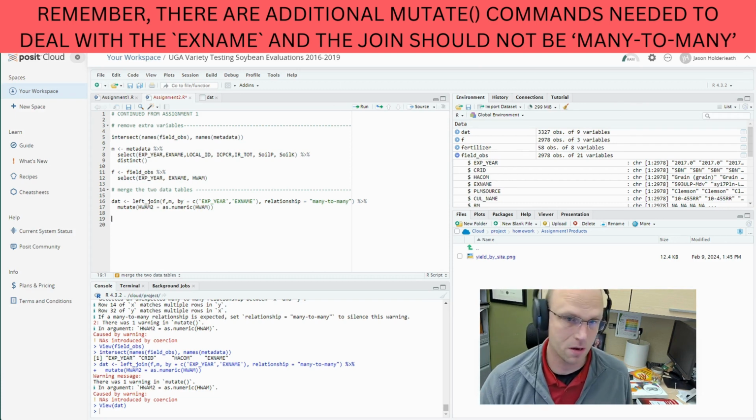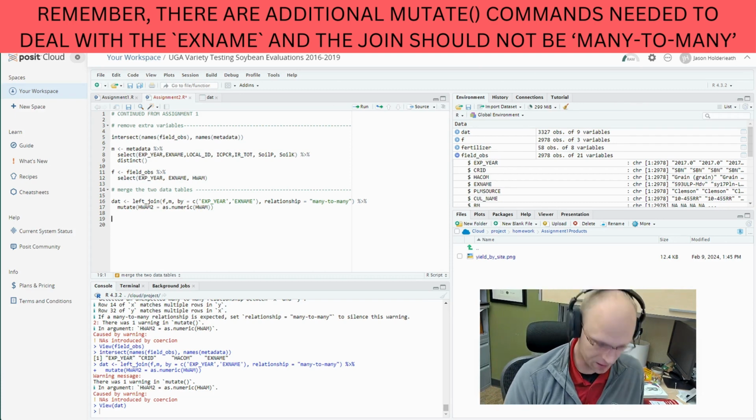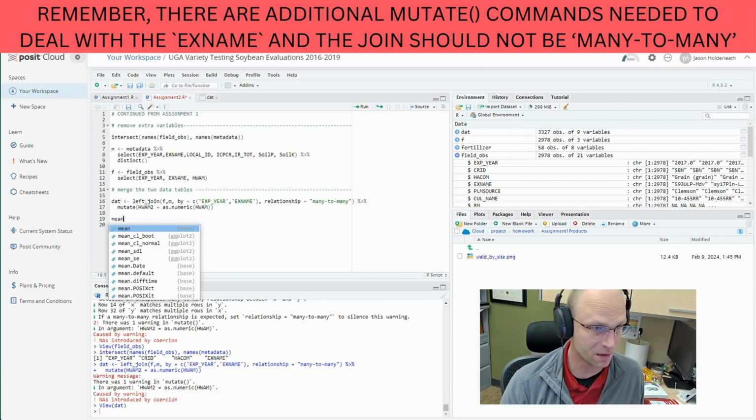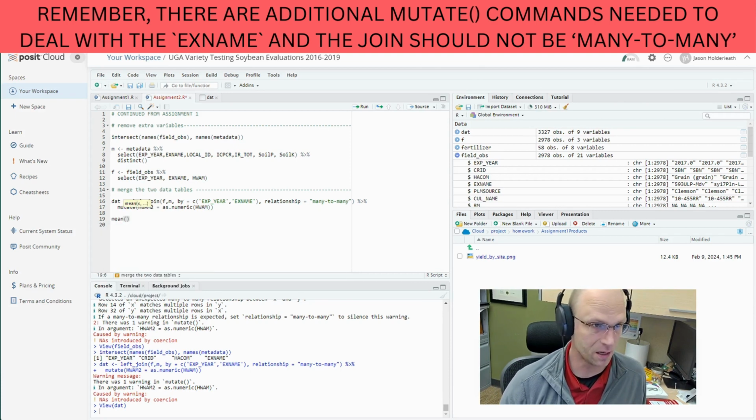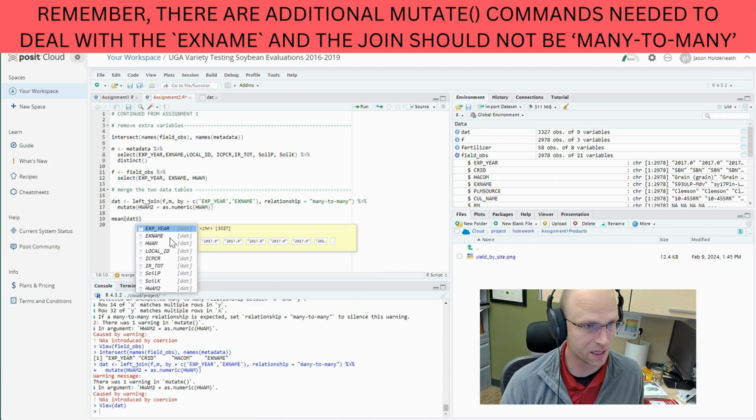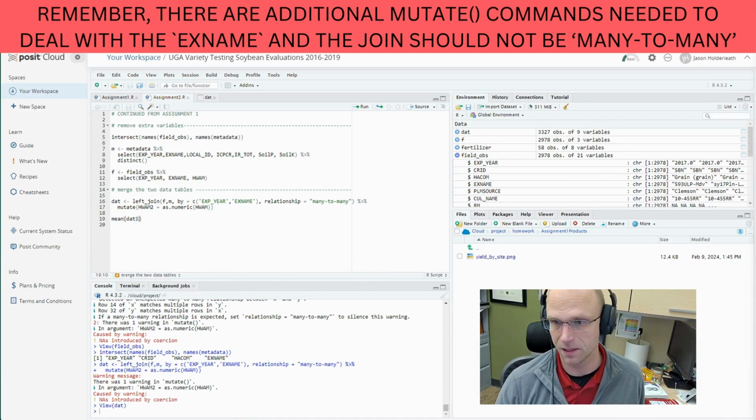You could calculate it, you could go mean, and do DAT, $, and find the mean of yield.